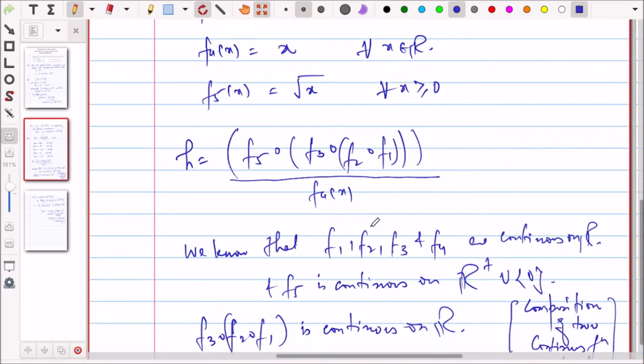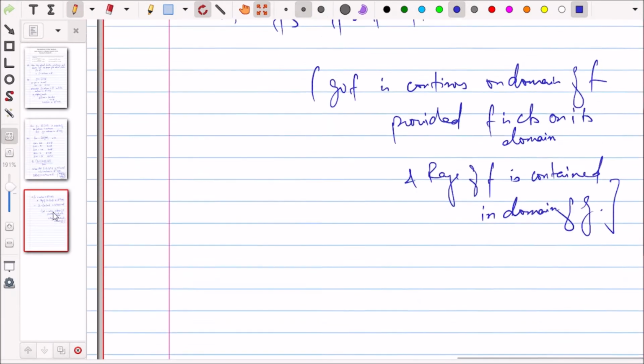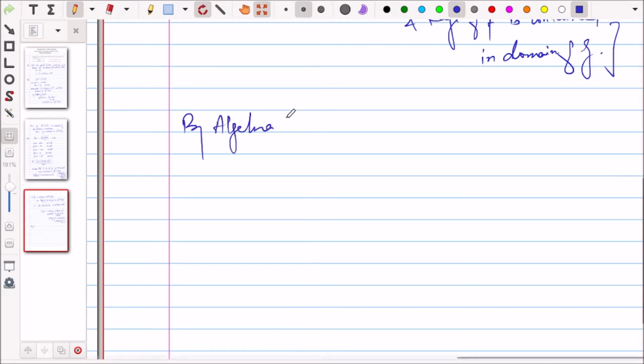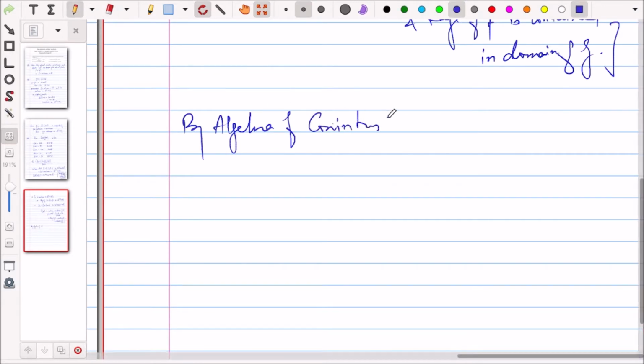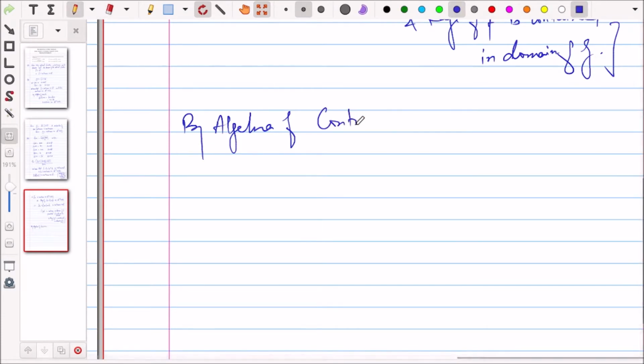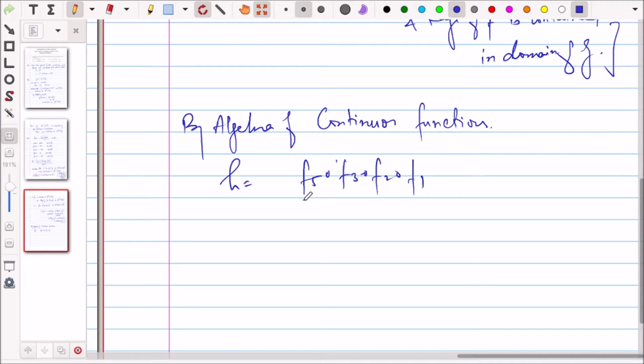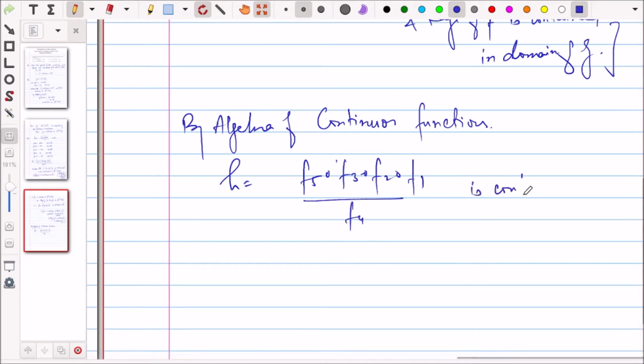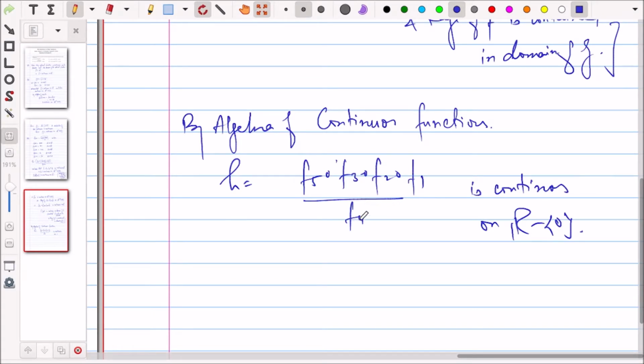So by the quotient rule, by algebra of continuous functions, h equal to f5 of f3 of f2 of f1 by f4 is continuous on R minus 0, because this function f4 is 0 at 0, so that's why we have to remove this point, except at all other points it is continuous.